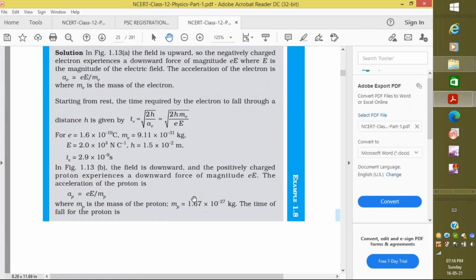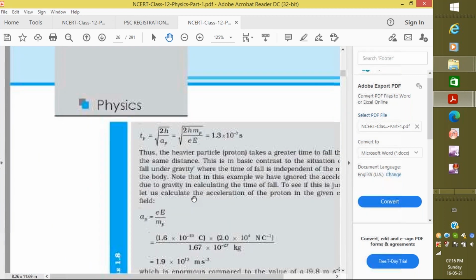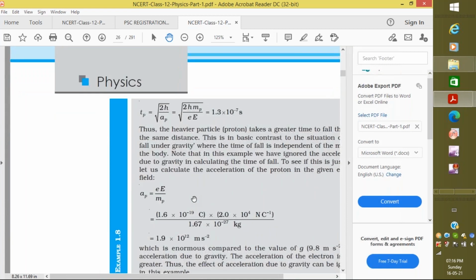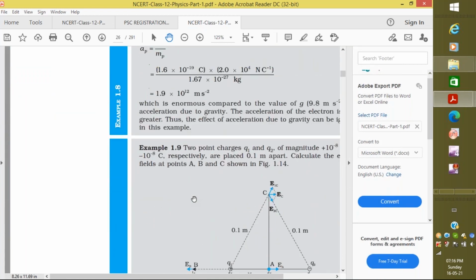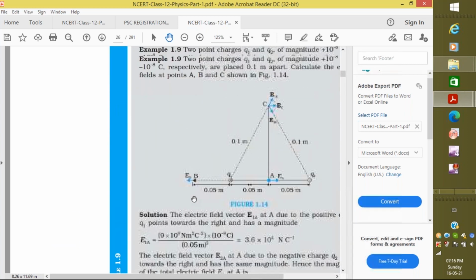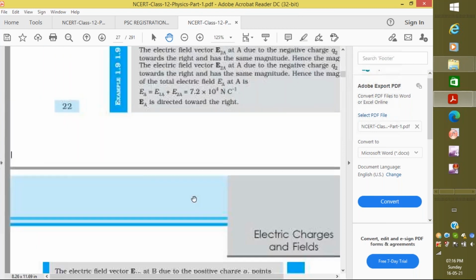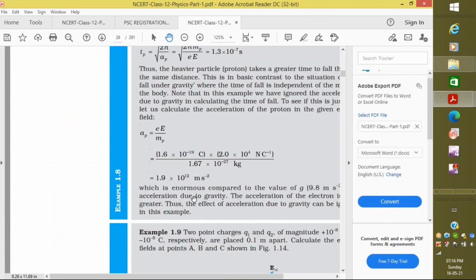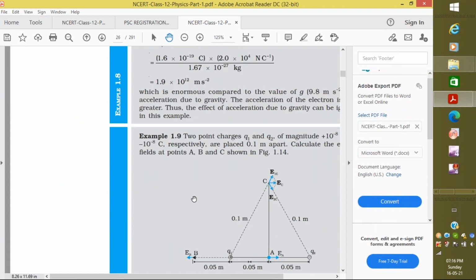So like that, you can read these examples as well. Next day we'll take up this example and then discuss. If you don't see the examples, then the concept will not be strong. We'll take up this example 1.9 on the next day, then we'll proceed further.